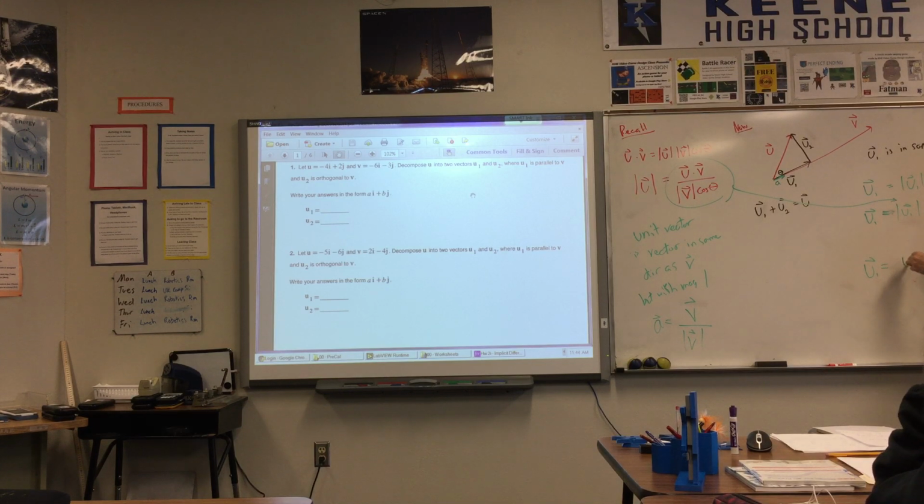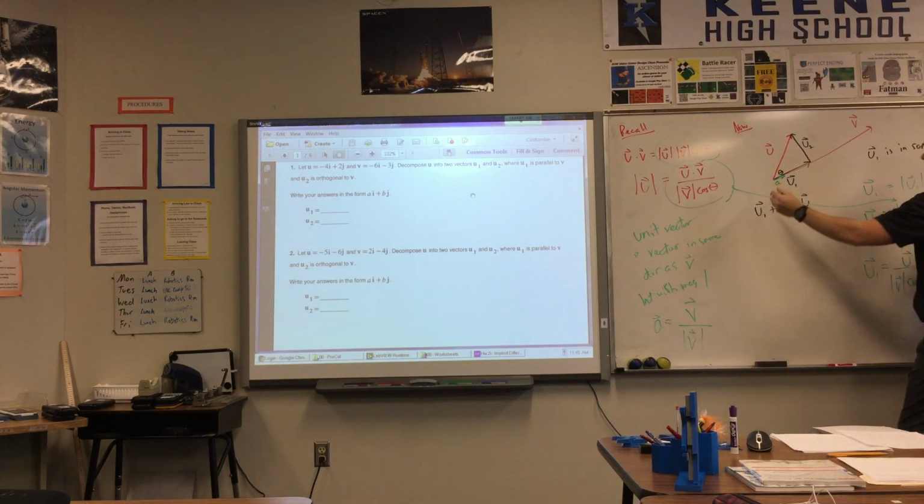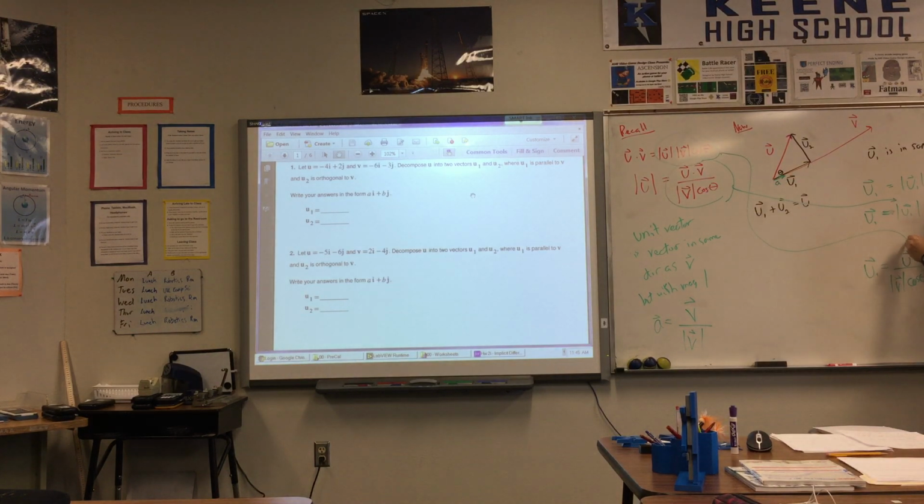So we're going to have u dot v divided by magnitude of v, cosine theta, times vector v divided by magnitude of vector v. Almost done here. I am now going to substitute in that dot product right there for this one right here.